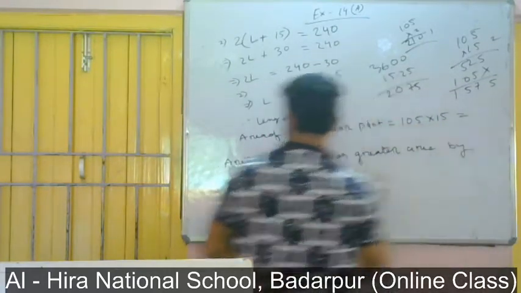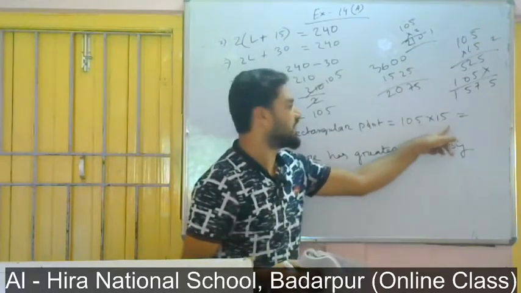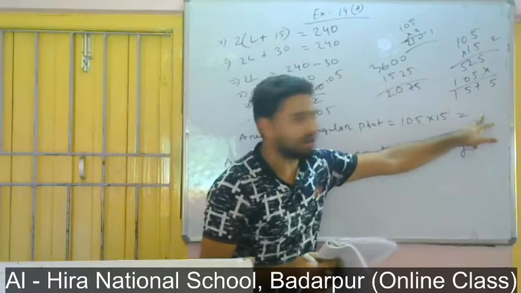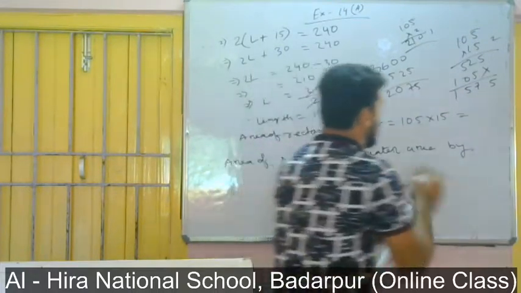You write here: area of the rectangular plot equals 105 into 15. Earlier I have written wrong. You write this one, 1575, that is the answer.